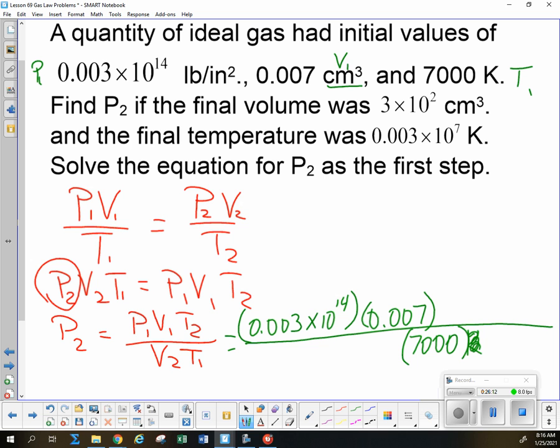Okay, we want the final volume, so V2 is 3 times 10 squared. And final temperature, that was in the numerator, 0.003 times 10 to the 7th. So I want you guys to all enter that.